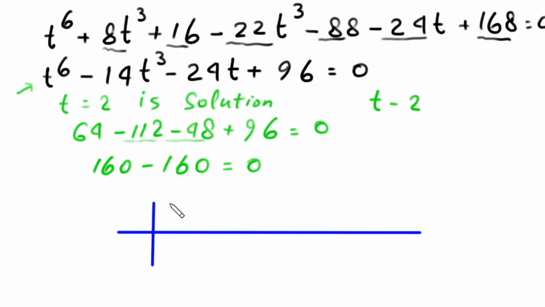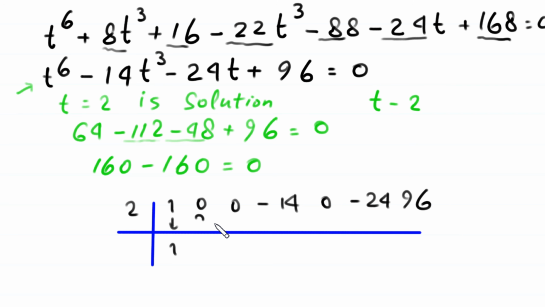The first is 1, and t to the power 5 is 0, t to the power 4 is 0, and the coefficient of t cubed is negative 14. The coefficient of t squared is 0, the coefficient of t is negative 24, and the constant is 96, and we divide by 2. This 1 comes down as it is.